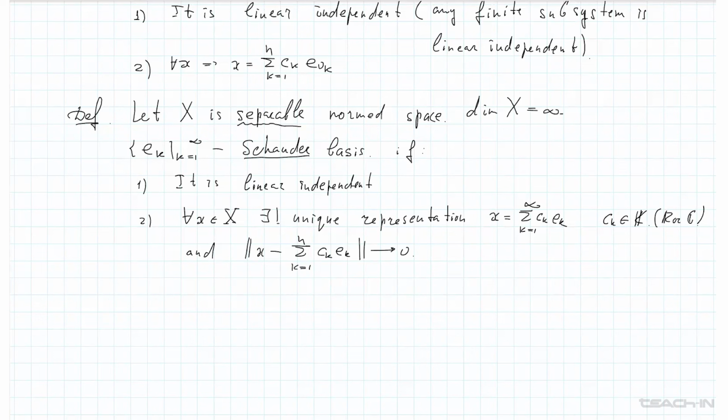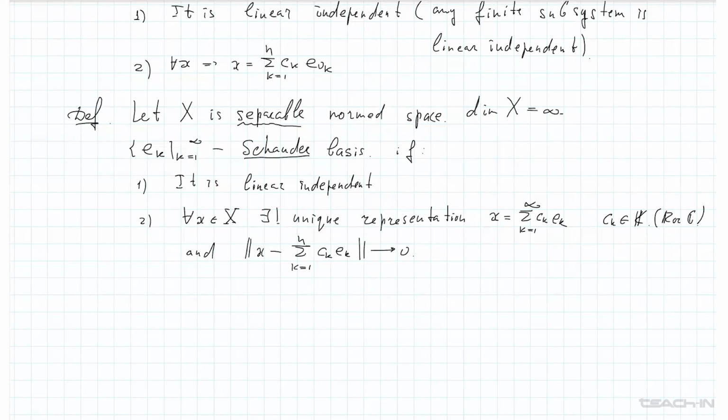Because we have a countable set of vectors, and we know that the norm is a continuous function. So we can change finite sums, in a real space, to sums with rational coefficients.